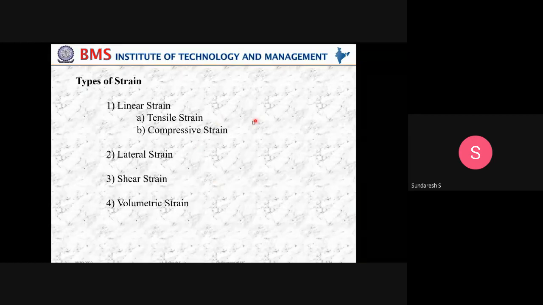Now, next comes types of strains. We have linear strain, lateral strain, shear strain, and volumetric strain. Linear strain again has two types: tensile strain and compressive strain. Then we have lateral strain, shear strain, as well as volumetric strain.